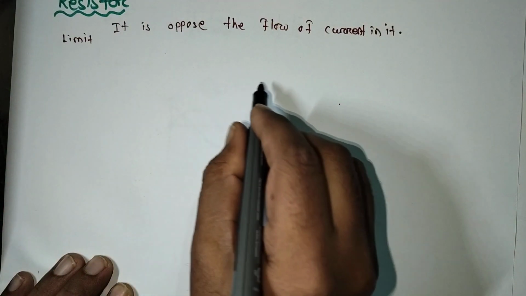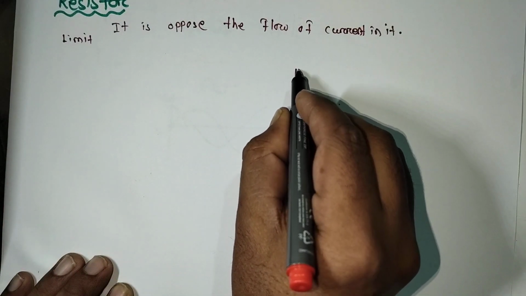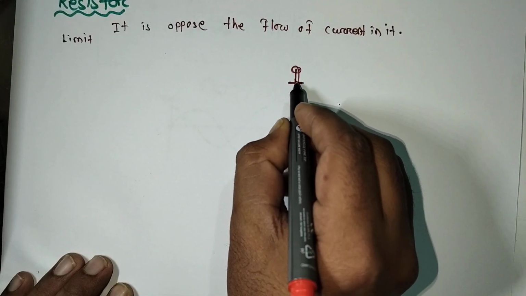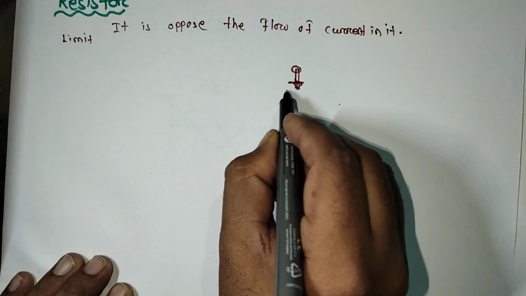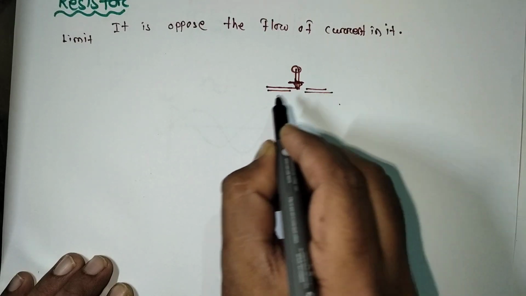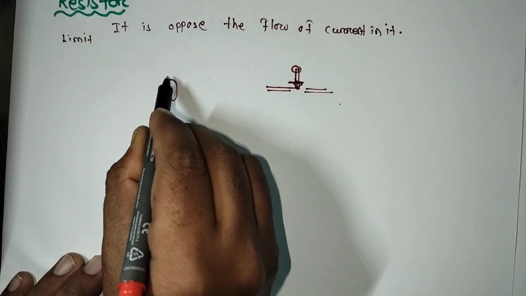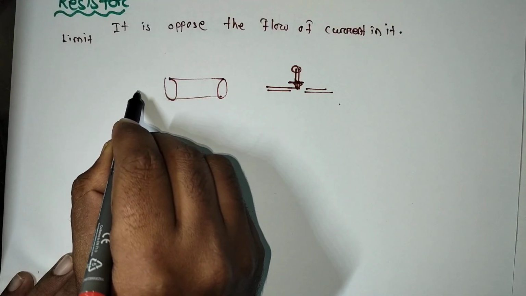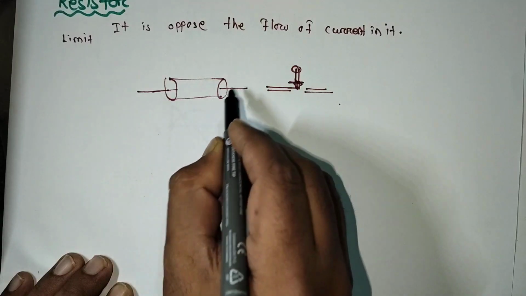Suppose you think of a tap. Suppose you connect the tap, what will happen when you close the valve? The water flow will not go on. Like this, the resistor is just like a valve. When you increase the resistance, the amount of current will decrease.